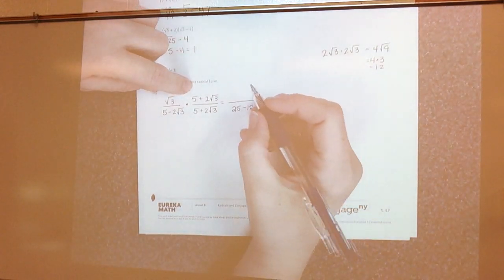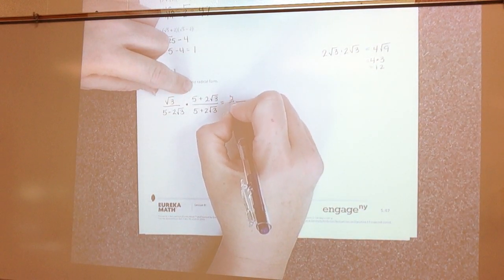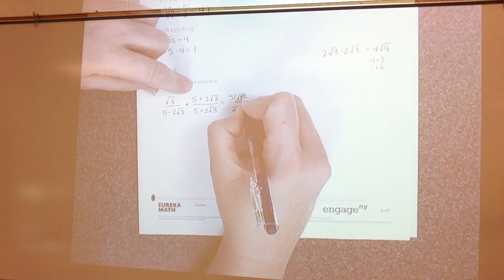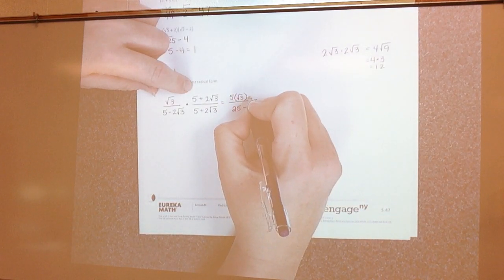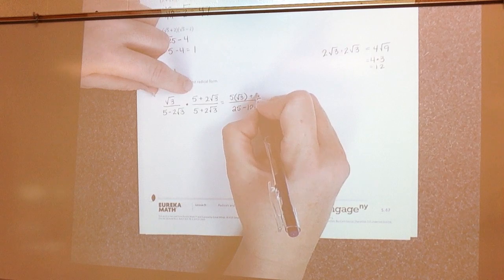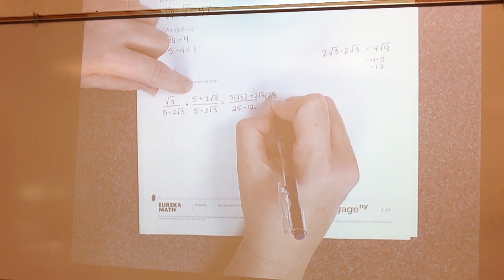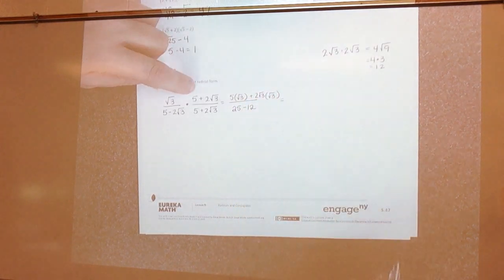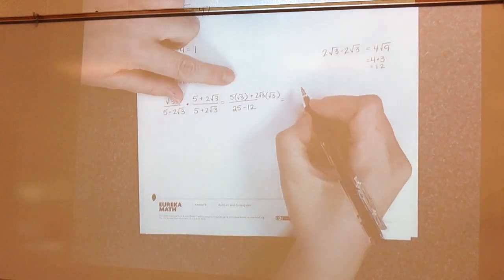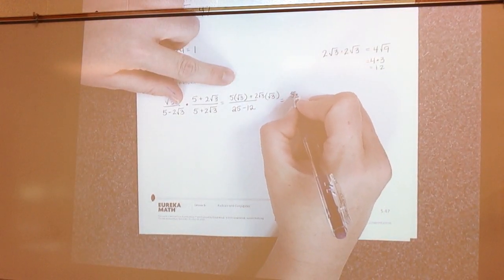Now I've got to multiply 5 times the square root of 3 and then add 2 square root of 3 times the square root of 3. 5 times the square root of 3 is 5 square root of 3.